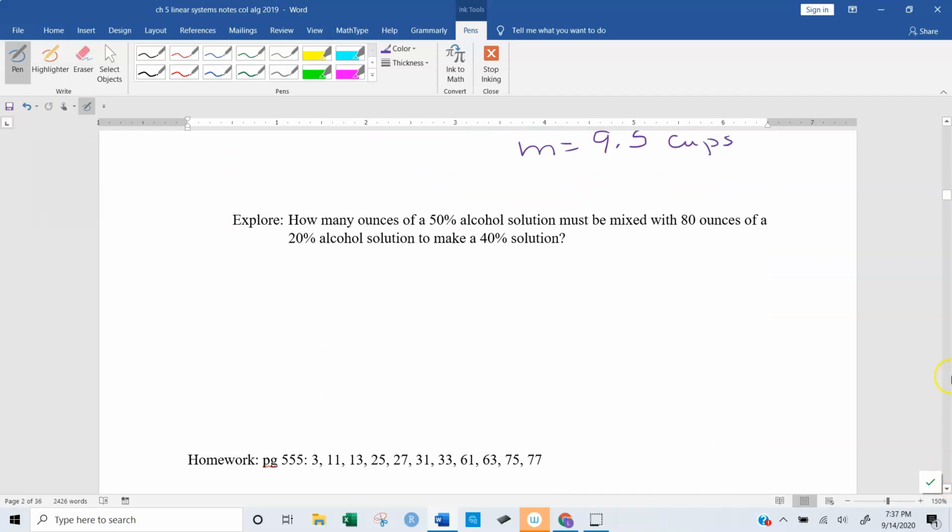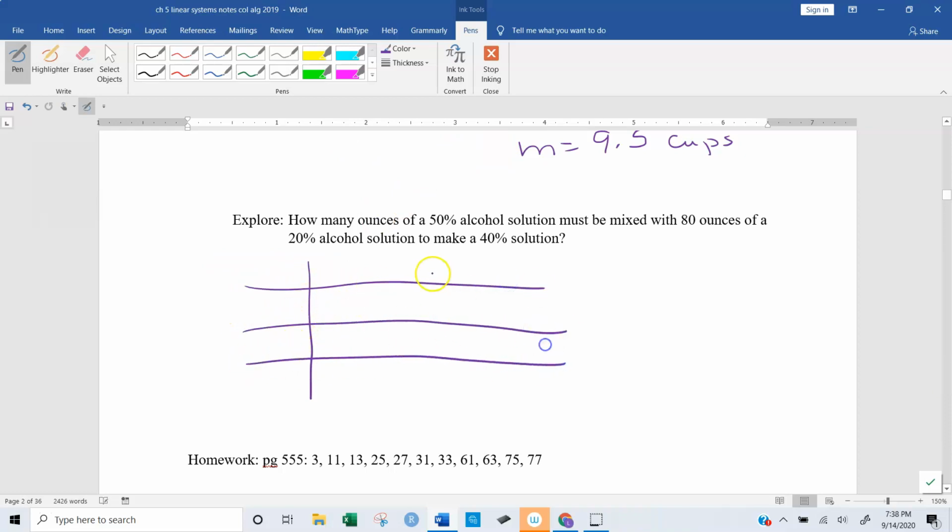How many ounces? Now it's your turn. So pause and try this, and really pause and try this. Okay, how many ounces of a 50%? So I know I have ounces and I have percent. 50% alcohol solution.